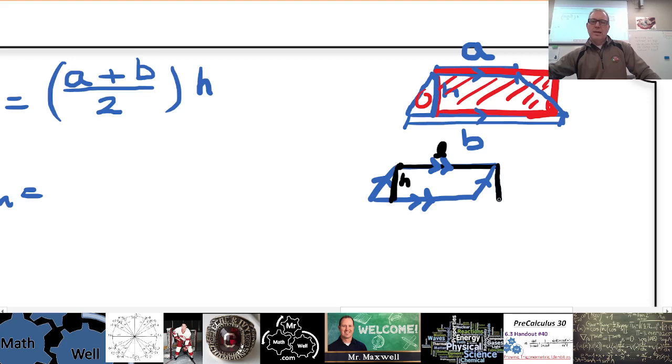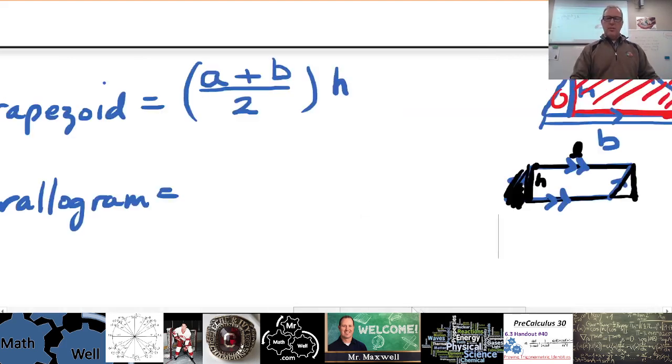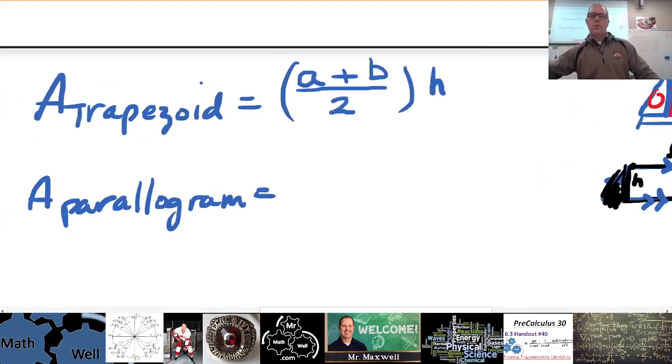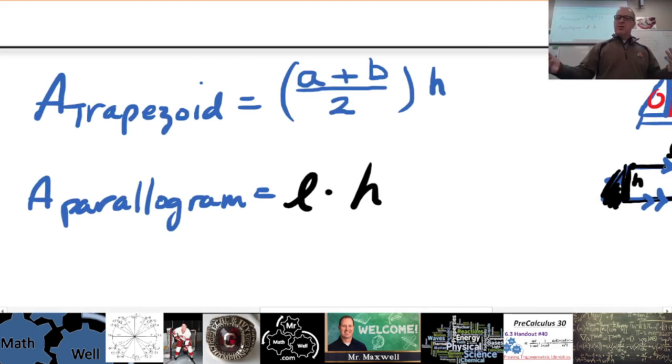Because you're making a rectangle where this little triangle piece right here just fits perfectly in this spot right here. So you're moving it away from here and over here, so it's just like the same as a rectangle. So the parallelogram is still just length times width. Or we could say length times height if you want. But it's the same as length times width.